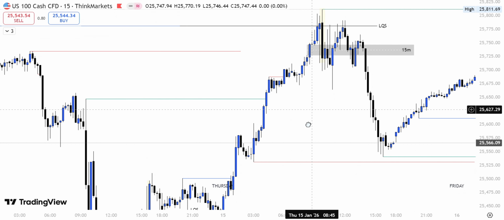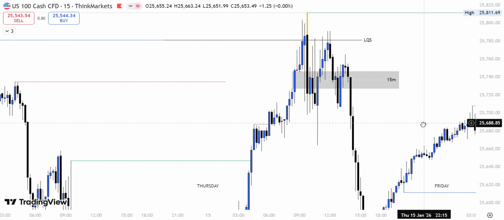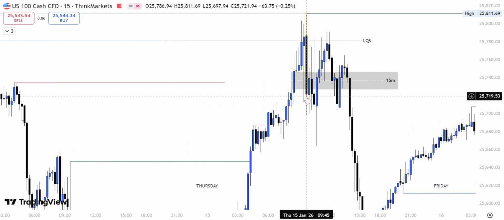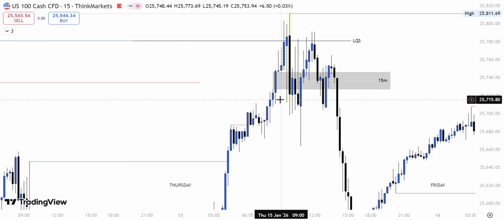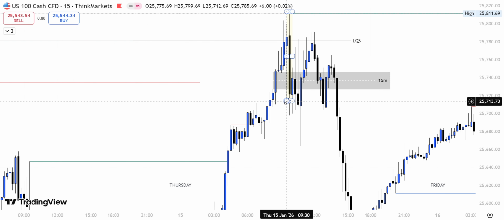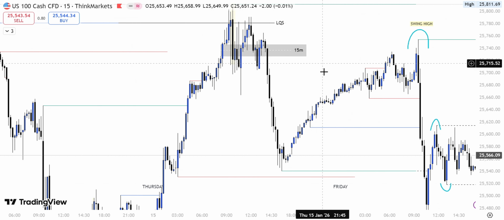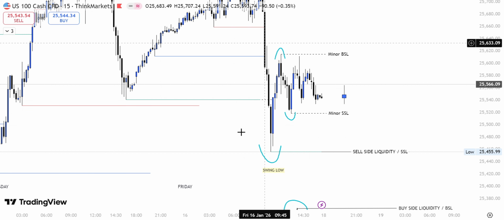And as you go further, you get a sweep of the real buy side liquidity. You then get an invalid one, and then you get a bullish fair value gap closed by a 50-minute candle, which got a pretty big rejection right here, and then started this little downtrend, which is where price is right now, and then formed the swing high and swing low.